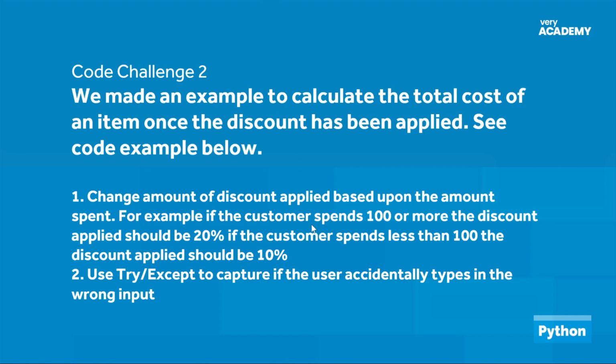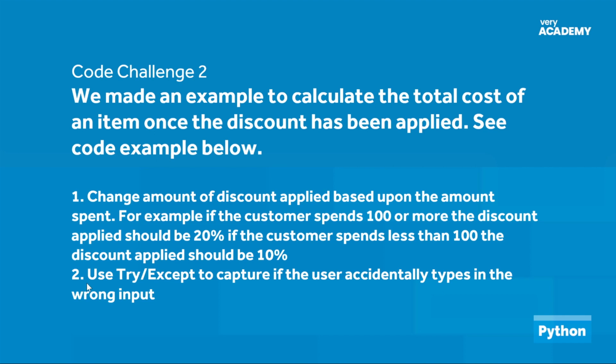So we need to create some sort of way of capturing the user's input, that's the amount the product costs. And then we need to create a function potentially which will calculate the discount for that item based upon the cost. If it's more than 100, we're going to apply 20%. If it's less than 100, we're going to apply 10% discount.